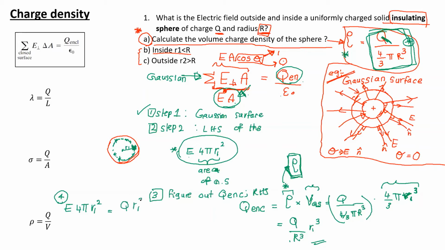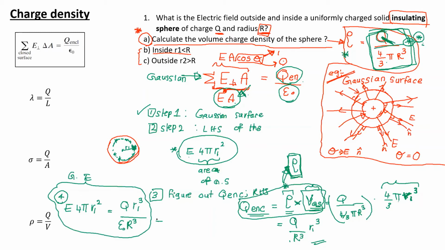Q R1 cubed over capital R to the power 3, and you have this epsilon naught in the denominator. So what do we get when we simplify this? Tell me the value you get for E.